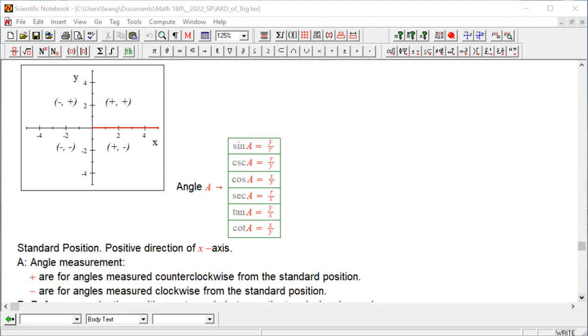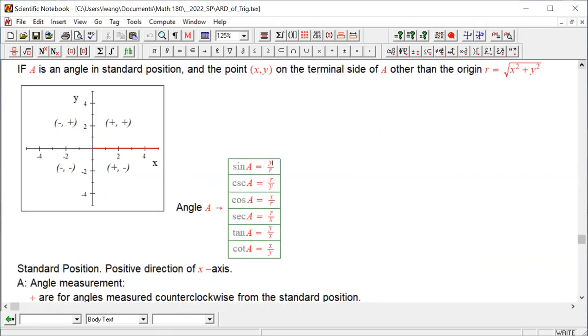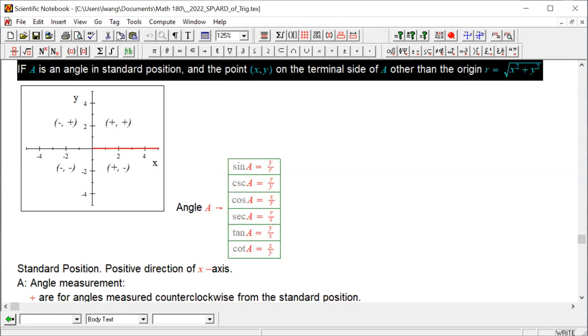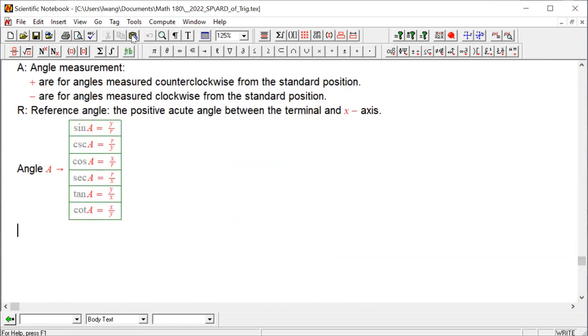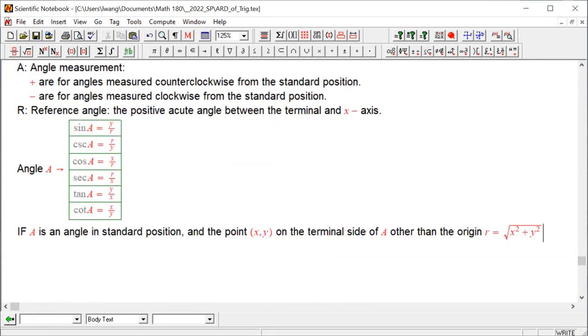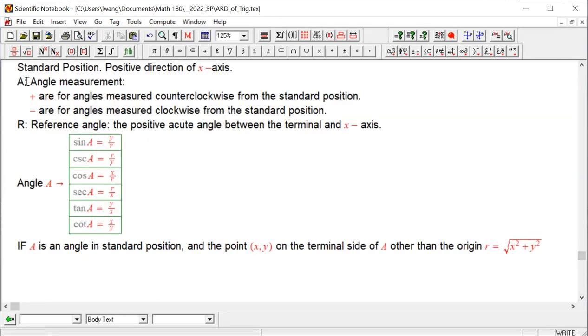Okay, let's summarize. This definition is very, very powerful. Let's recall that definition and summarize. The definition is calling us to pick up a point on the terminal side of the angle other than the origin, and everything will be defined.